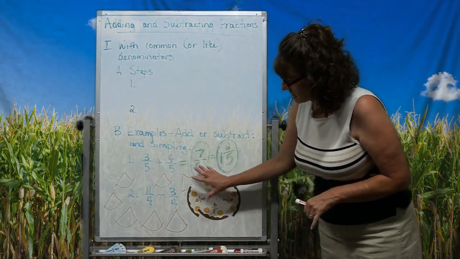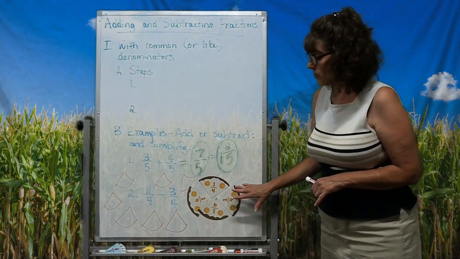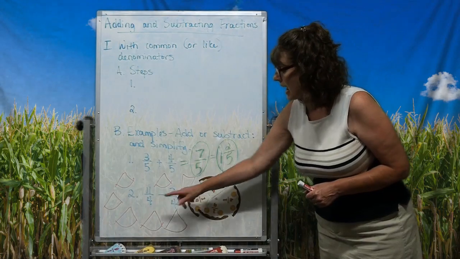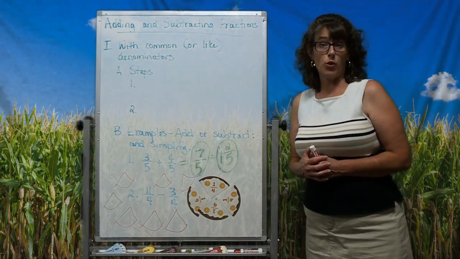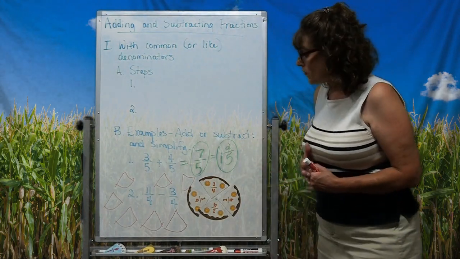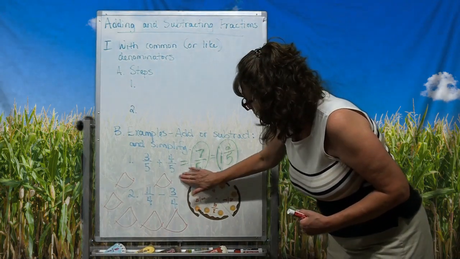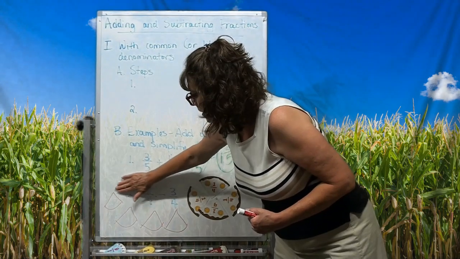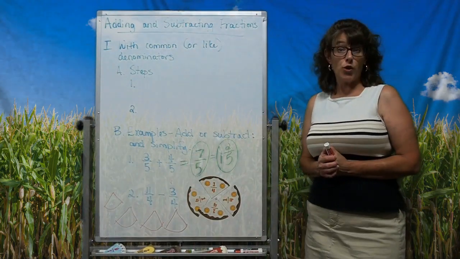So this says that I'm going to take all 11 of these fourths, and out of my pile, that's what's in my pile, I'm going to take out 3 of these fourth pieces, take out 3/4. So if I take out 3 of them, 1, 2, 3, then how many of those fourth pieces are left?